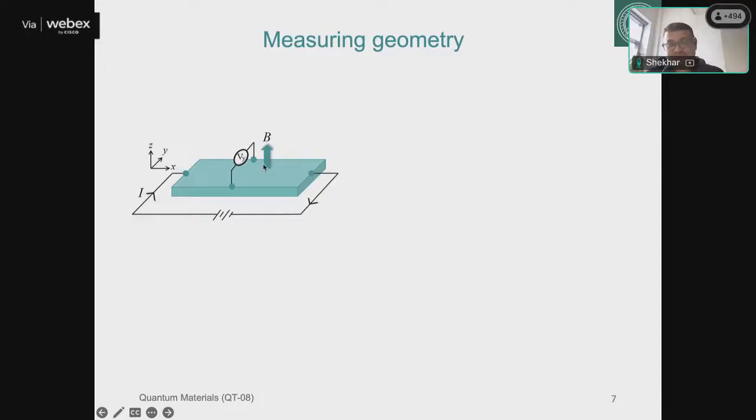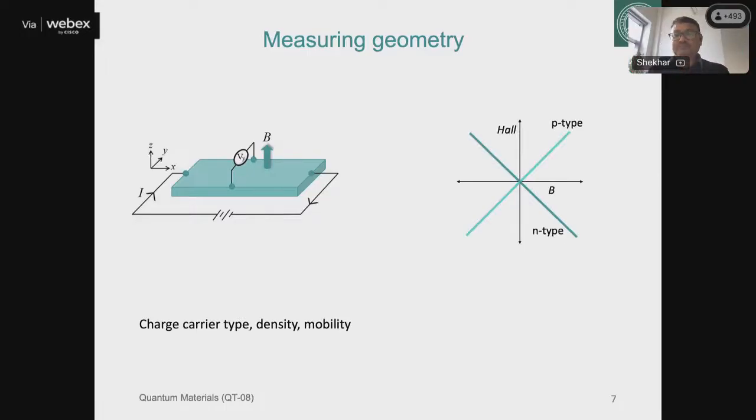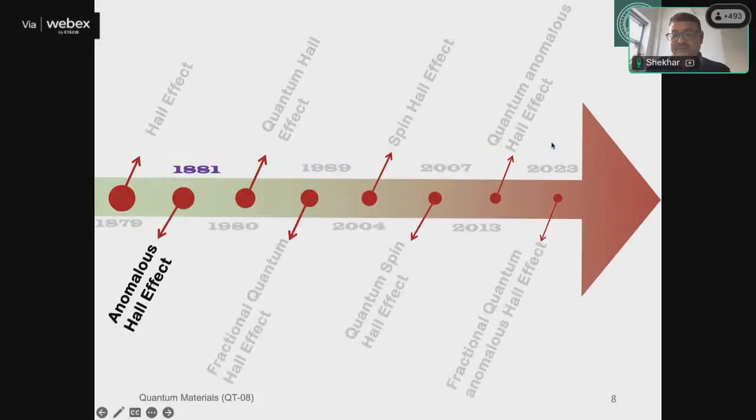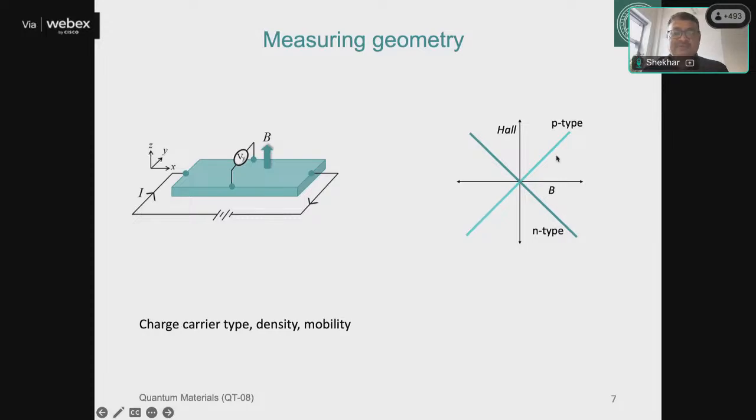So for this perpendicular voltage, we again use the four probe. As I said, we have linear and non-linear. We have a linear one, which was discovered by Hall: just measure the perpendicular voltage to the applied current in the presence of a magnetic field.